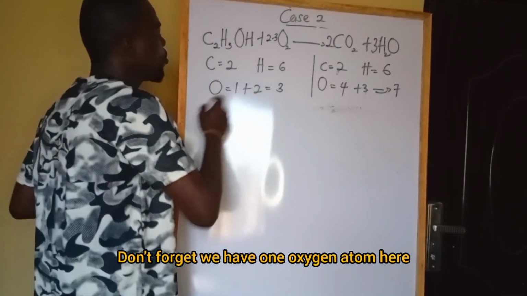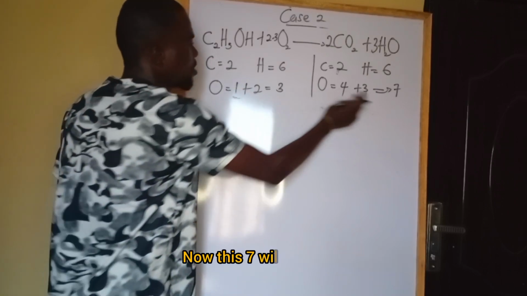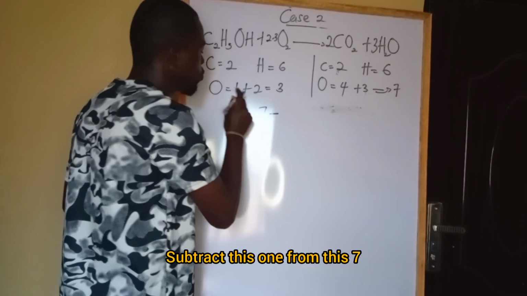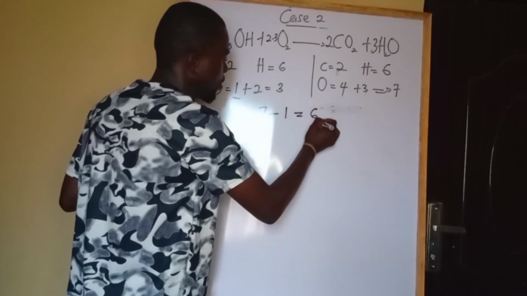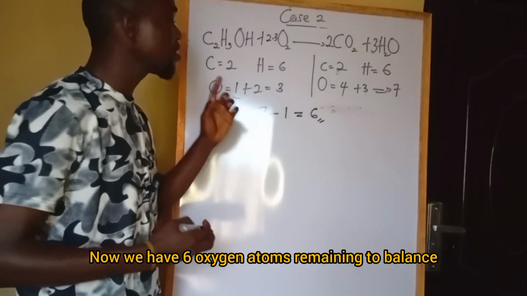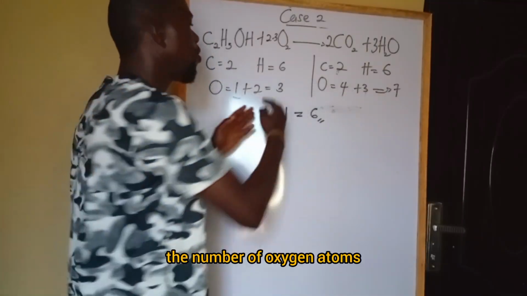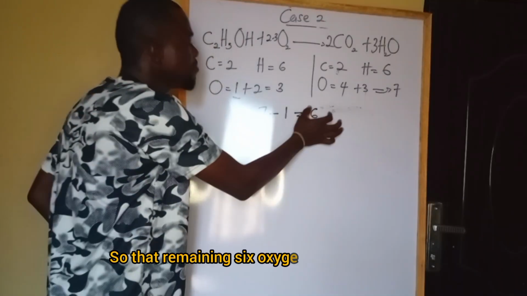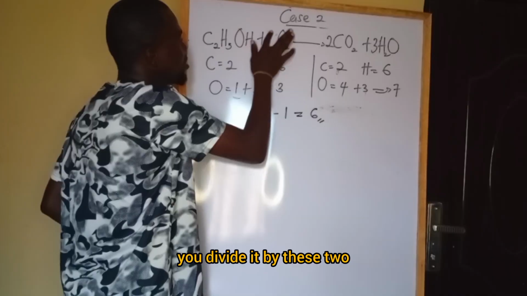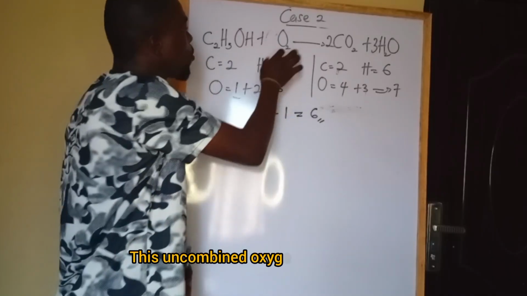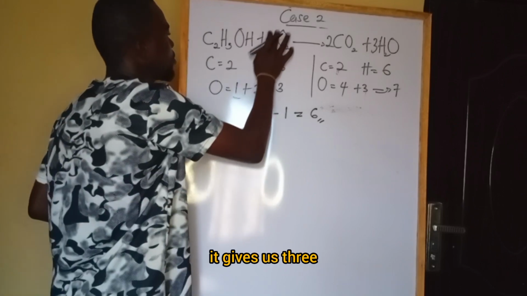Don't forget we have one oxygen atom here in ethanol. Now this 7 we have here, subtract this one from this 7. 7 minus 1 will give us 6. Now we have 6 oxygen atoms remaining to balance. So that remaining 6 oxygen atoms you have, you divide it by these 2, this uncombined oxygen you have here. 6 divided by 2 will give us 3.